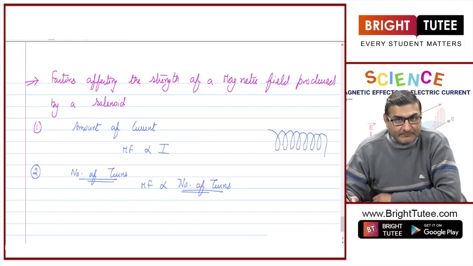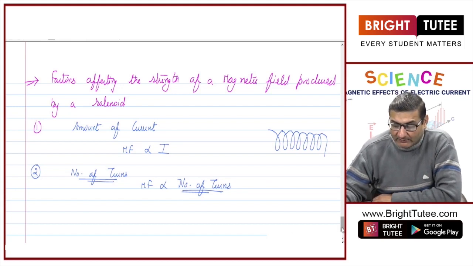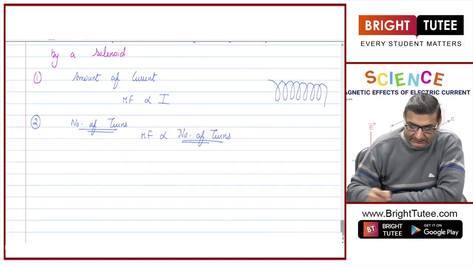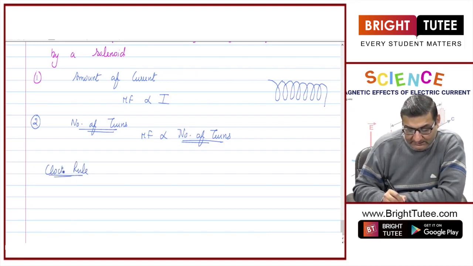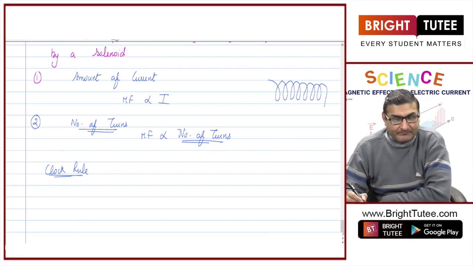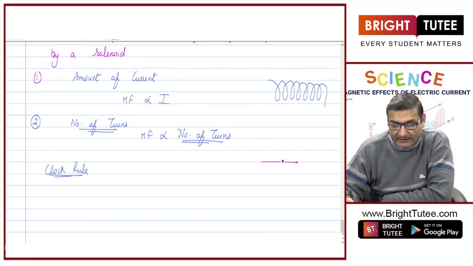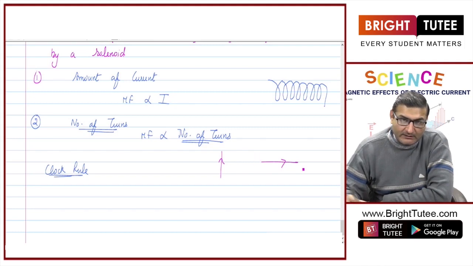Got it? Fine. Alright. Now in this circular wire there is one clock rule that you need to relate. What does this clock rule actually say? In the straight current carrying wire, whether it was vertical or horizontal, we saw that the current is going either from west to east or east to west, upward or downward.